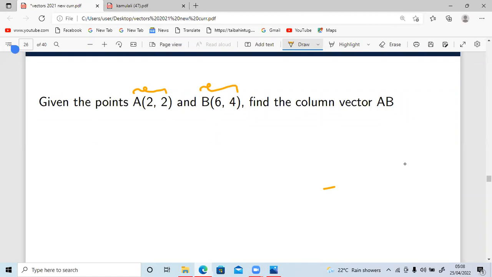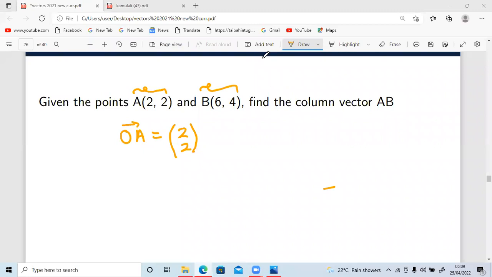And I told you that here we are going to be dealing with what we call position vectors. So I'll write my OA as 2, 2. Let me stop there. Write B and then find out. Let me allow you to find out. People have already even gotten the answer. This is so good.